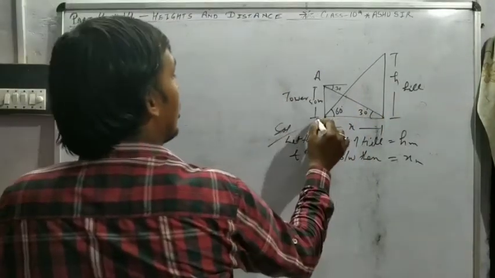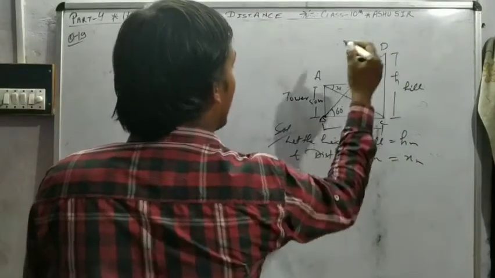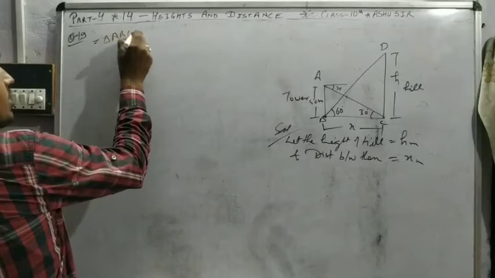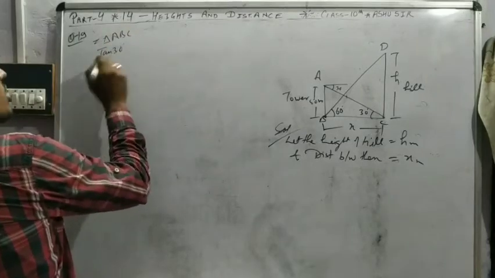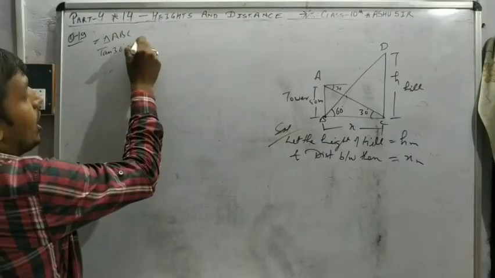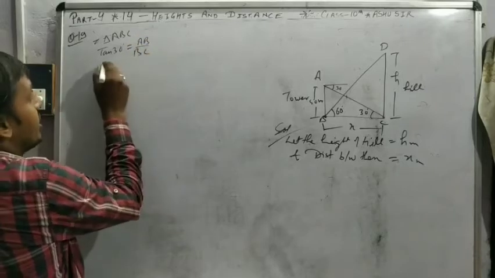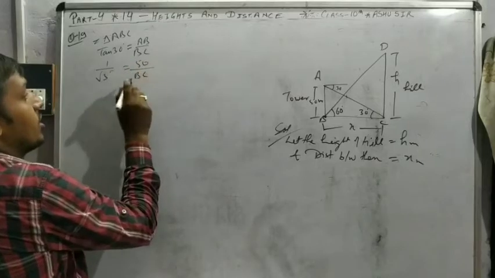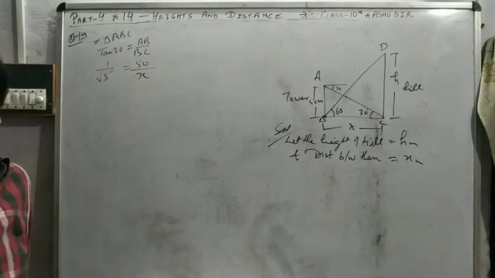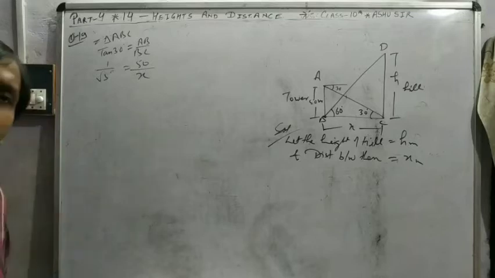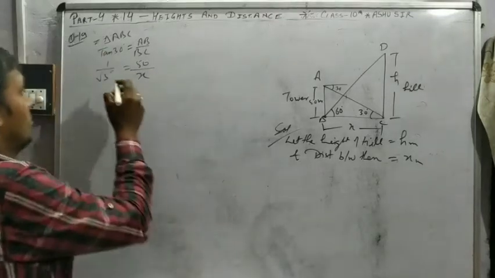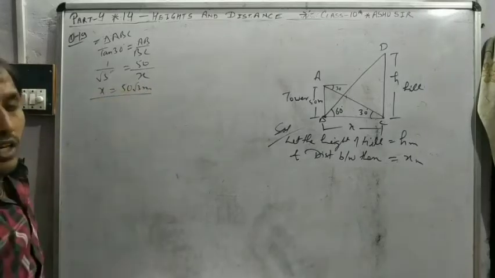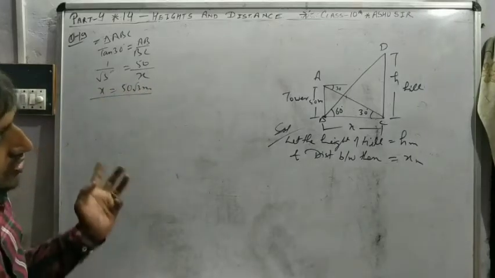Name them A, B, C, D. So in triangle ABC, using tan 30 degree, perpendicular upon base, 1 by root 3 equals 50 upon BC. That means x is equal to 50 root 3 meter. If the question wants the distance between them, that is 50 root 3.